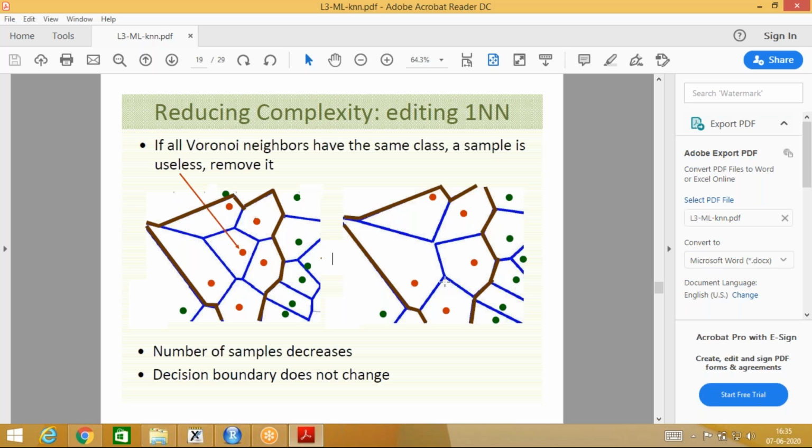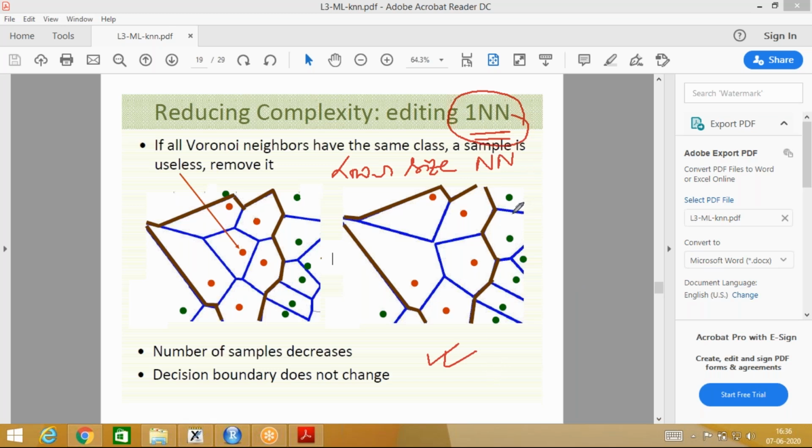That is one step of reducing complexity. Applicable where? Applicable in 1NN. So this is how we actually use 1NN or lower size NN, which can still do a pretty good job.